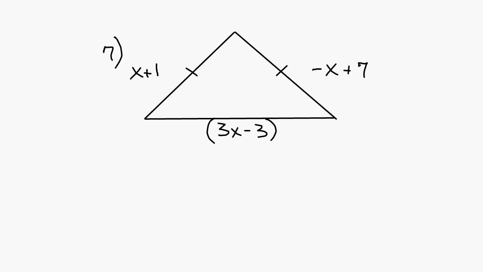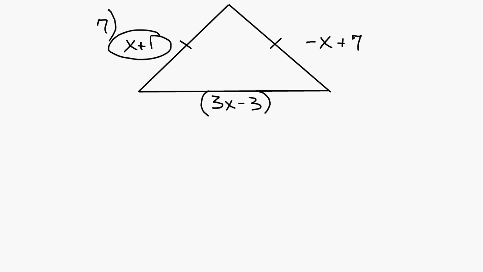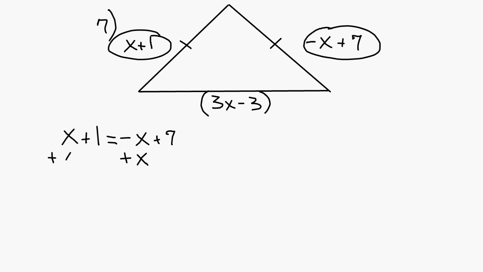In order to find the length of this side, you need to know the value of x. So if you take the two sides that are equal to each other, which is your x plus 1 and you make it equal to negative x plus 7. If you add x to each side, 2x plus 1 equals 7.